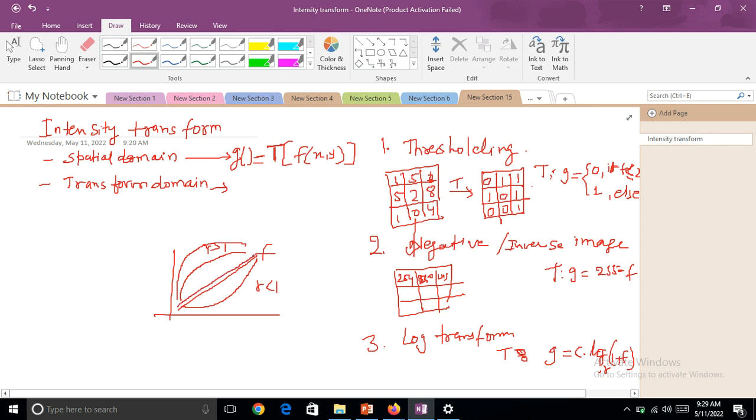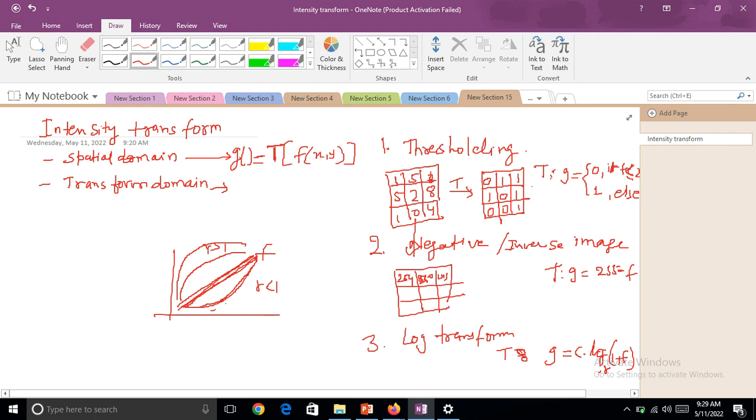Considering this diagonal line as the original pixel values, the remaining are transformed. In this case, the smaller values change by a very small amount, but the larger values are increased by a larger quantity.